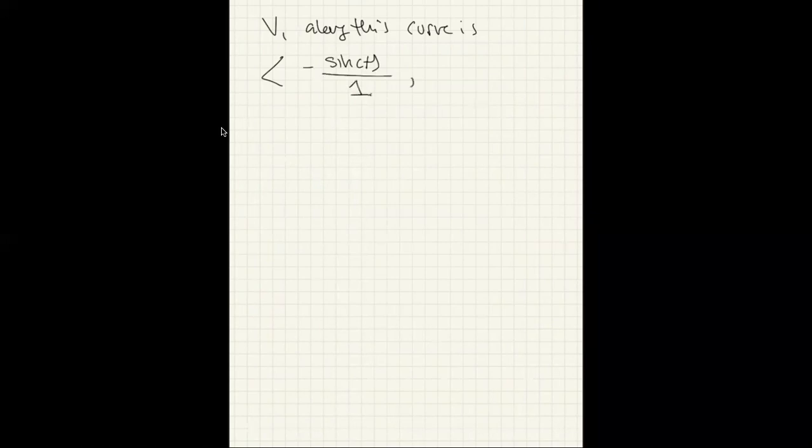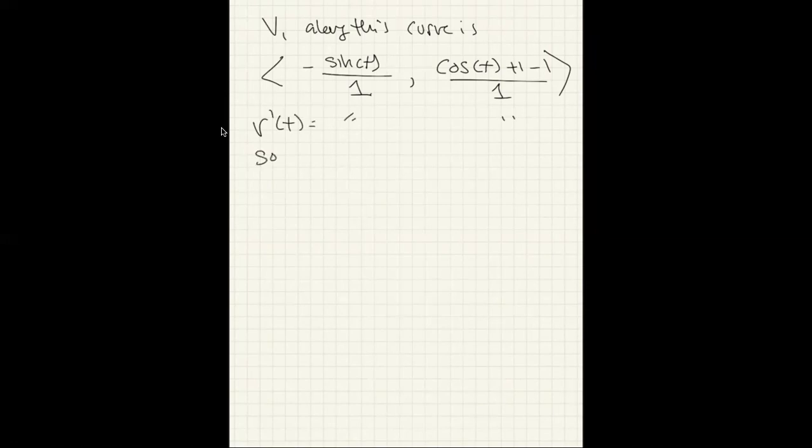And I know that V1 along this curve is negative sine of t, cosine of t, all over the denominator, which is 1. I promise the math works out this way. The denominator occurs because sine squared plus cosine squared is 1. And then I have r prime of t, which is the same thing.